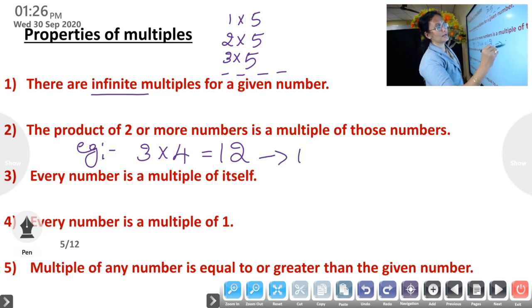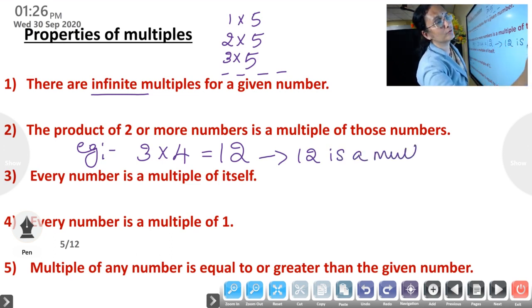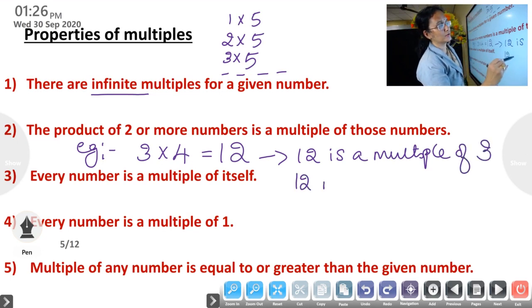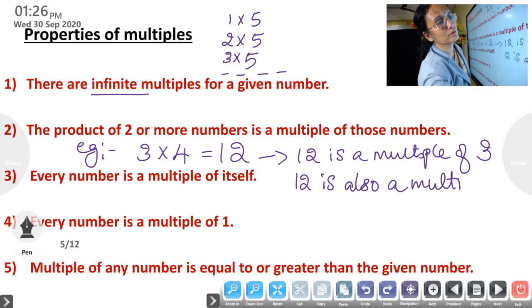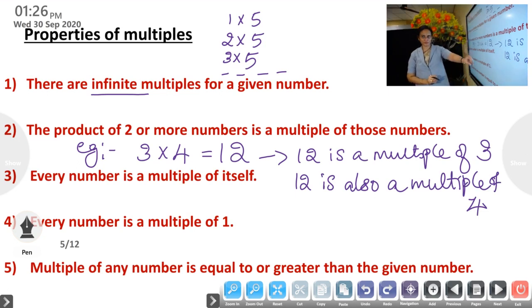So if 3 into 4 is equal to 12, 12 is a multiple of 3, 12 is also a multiple of 4.